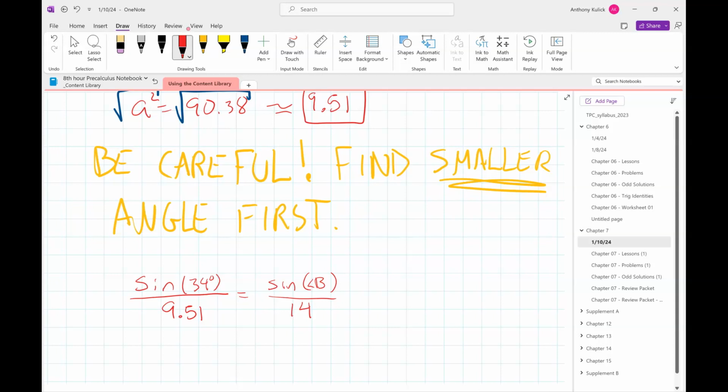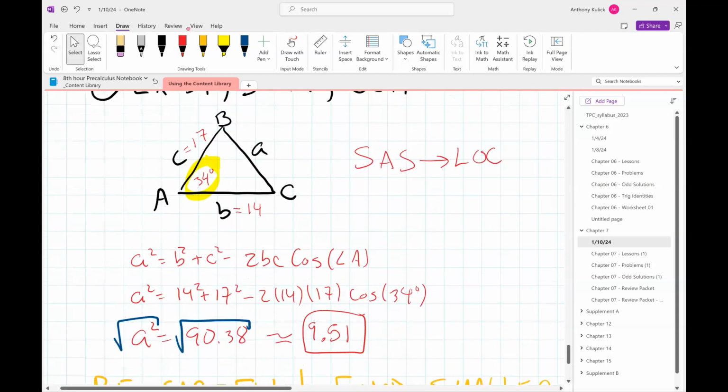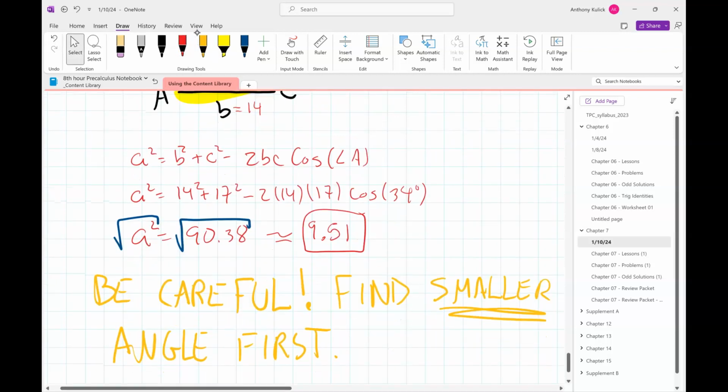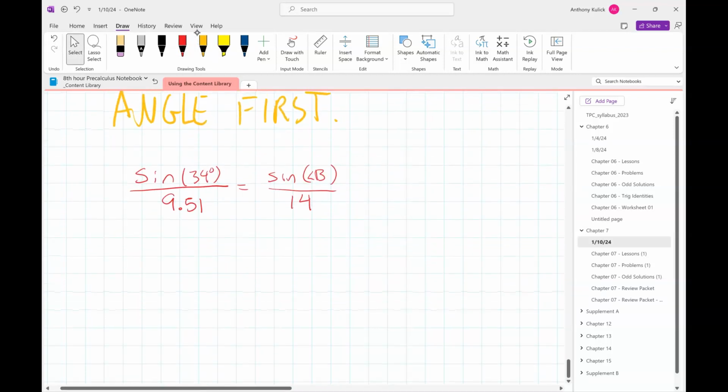Everybody good with that setup? Again, I knew that because the only pair that I had was side A and angle A, right? That's the only pair that I knew both the side and angle for. So we'll cross multiply and divide.